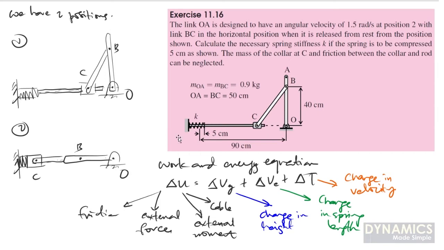So the only possible solution is the one I have shown in the slide here. We cannot have member OA rotating clockwise, with BC on the other side of the figure. We cannot have something like this.